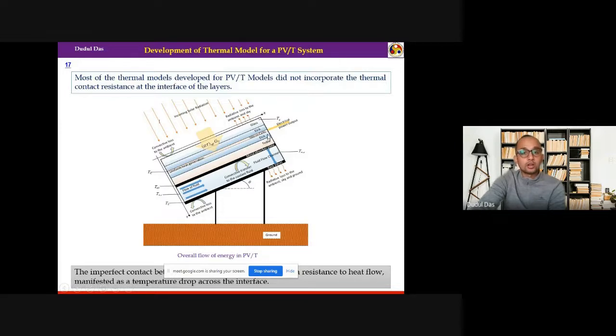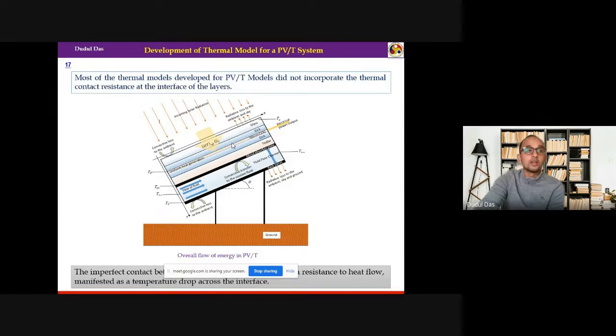Now what we thought, because as we know, this is the thermal model or thermal energy interaction diagram for PVT module. In PVT, as we have discussed in earlier slides, there are almost 7 layers, and between 7 layers there are almost 6 interfaces.